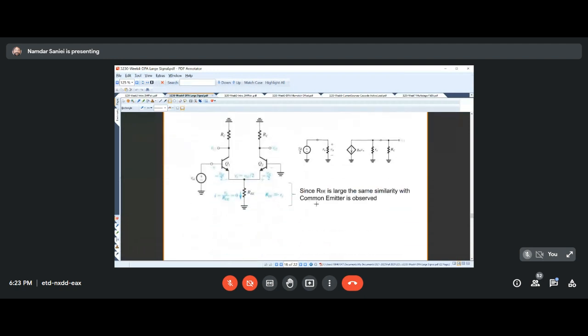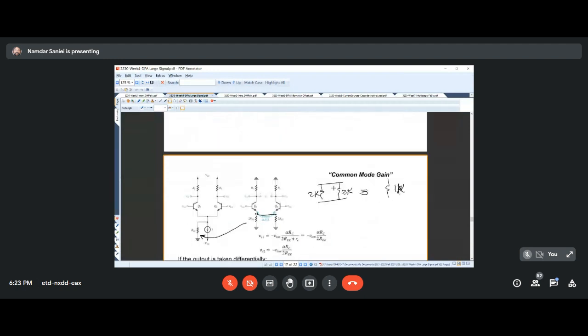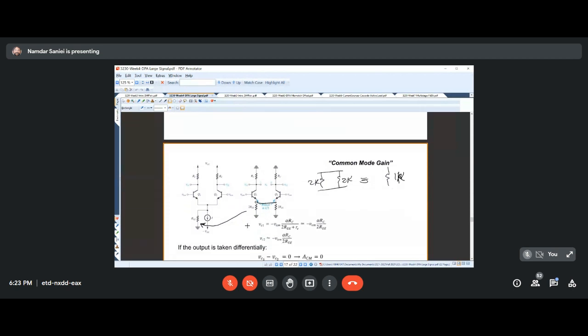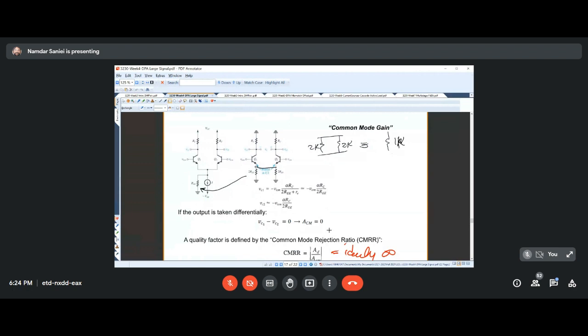Then we looked at the common mode situation for this amplifier. In that case, this emitter node was no longer at zero potential in the AC domain, and therefore we had to take into account the REE, which is the internal resistance of the current source. Now, we found the voltage gain in the common mode situation, and it was ideally zero.